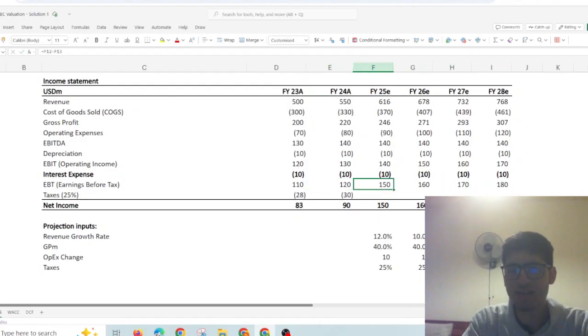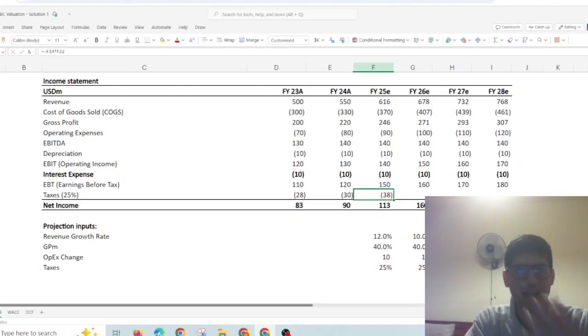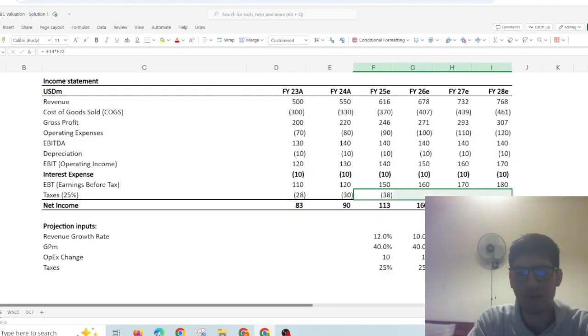As you can see, guys, I scrolled them. Finally, the taxes, 25%. So it's the EBT times the taxes. But I should add a minus, because the taxes are negative. The taxes are a loss, guys. So that's why I added a minus.